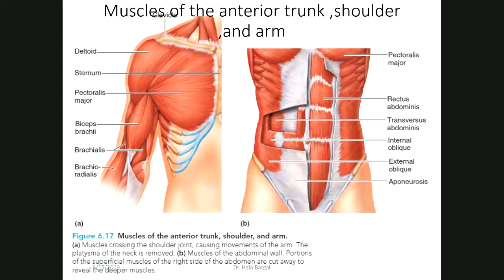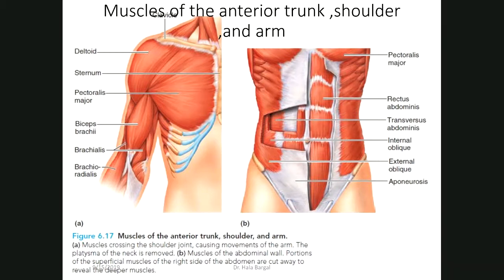Let us discuss the muscles of the anterior abdominal wall. The first one, which we call rectus abdominis, right? Rectus abdominis. This is the muscle of the six packs, right? Deep to it, we call external oblique, then internal oblique and transversus abdominis.